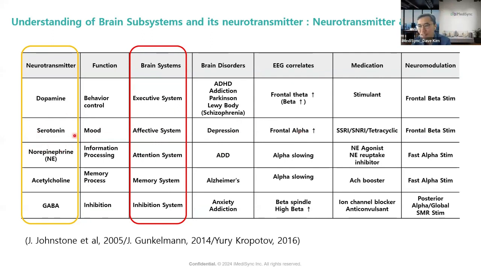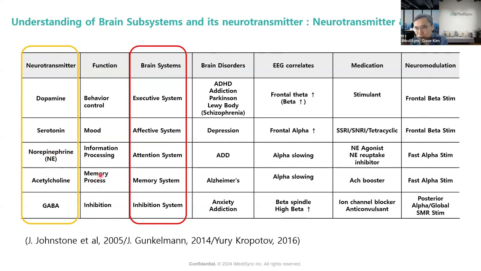Serotonin relates to a healthy, strong posterior alpha, and norepinephrine usually relates to information processing. So alpha is the basic rhythm of the brain, and this alpha rhythm does information processing. So the frequency of the alpha rhythm is very important, and this frequency of alpha rhythm is mediated by the norepinephrine.